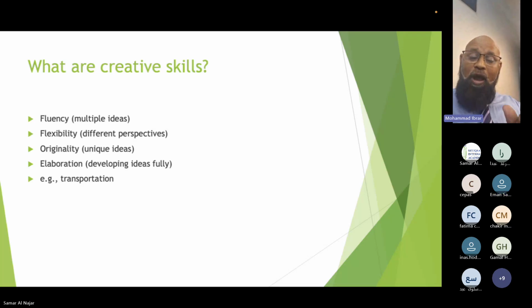In fact, they go hand in hand, like a circle. If you think about a problem much deeper, then you find the solution in an innovative, creative way.